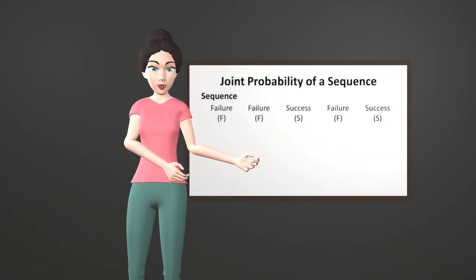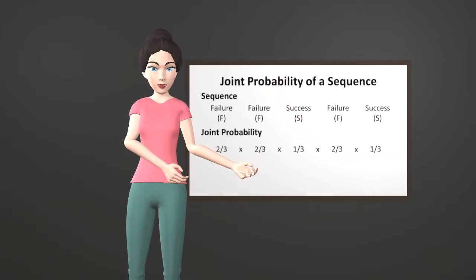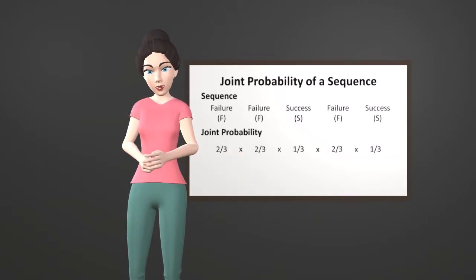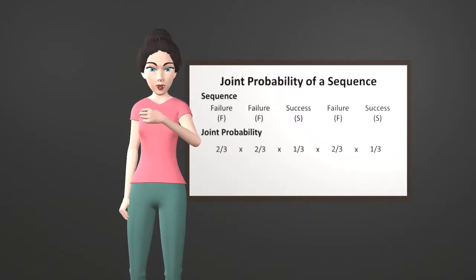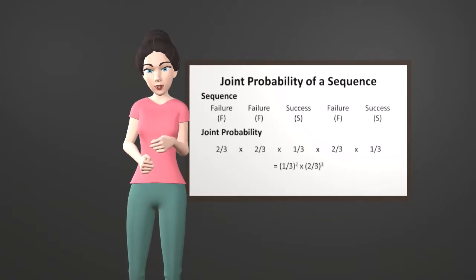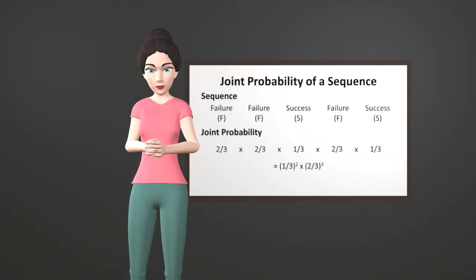Now we multiply the probability of each happening, so we get 2/3 for failure, times 2/3 for failure, times 1/3 for success, times 2/3 for failure, times 1/3 for success. We can also write this as 1/3 squared times 2/3 cubed. So the joint probability of this particular sequence occurring is 8 out of 243.